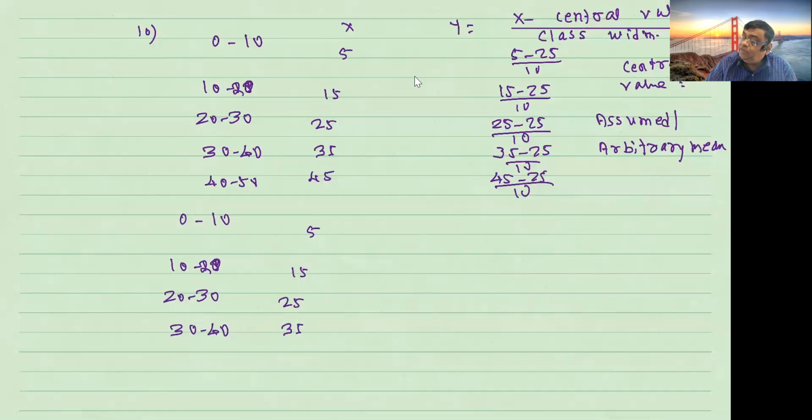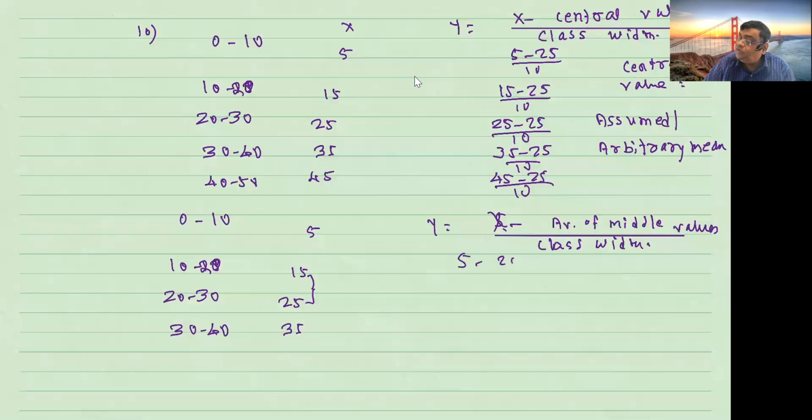Then I would say that u is equal to x minus average of the middle values, and divided by the class width, that is h. So in that case, how will you do? In the first case it is 5 minus 20 divided by 10, 15 minus 20 divided by 10. Somewhat like that.